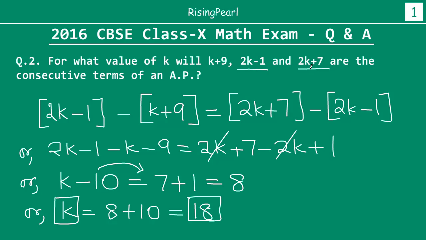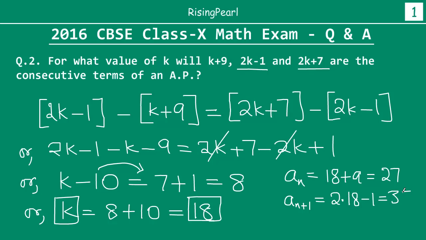And you can very simply cross-check this. Simply put k equals 18. So the first term, the nth term, will be 18 plus 9, which is 27. Then the next term, the n plus 1 term, is 2k minus 1, so 2 times 18 minus 1, which is 36 minus 1, 35.